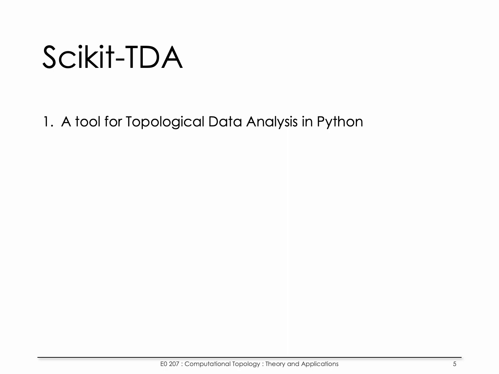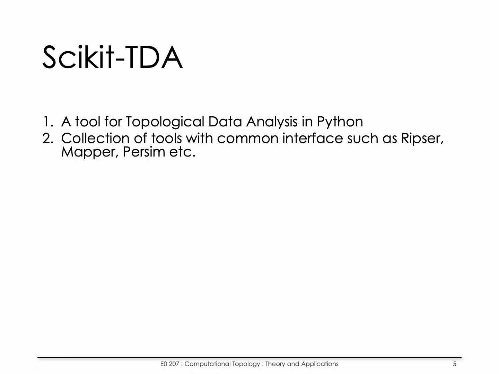Scikit TDA is a specific tool for topological data analysis, and a unique feature of Scikit TDA is that it is a collection of tools that have a common interface. For example, Ripser, Mapper, Persim, and so on have been developed outside of Scikit, but can all be called from within Scikit. This makes it quite powerful.